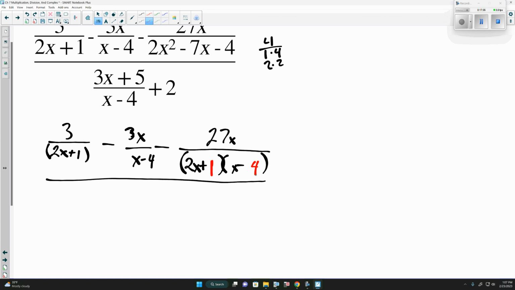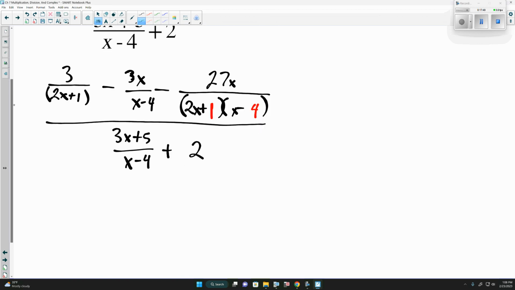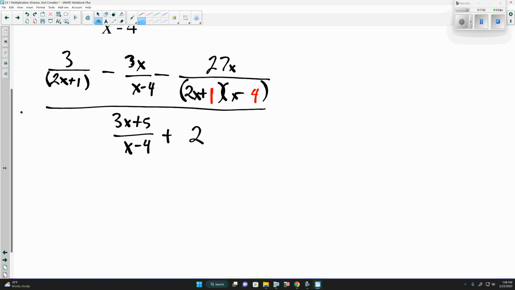Interestingly enough, x minus 4 also shows up, doesn't it? So that's going to make this a lot easier to work with. Because what are we going to need to multiply everything by? Yes. 2x plus 1 and x minus 4.